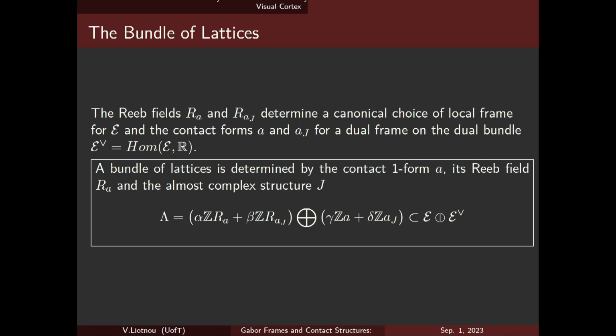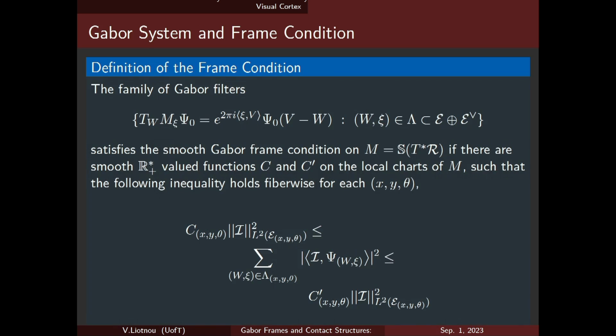So then we can use the Reeb fields to generate the part of the lattice bundle for the pullback bundle, and the contact one forms to generate the lattice bundle part for the dual of the pullback bundle. Finally, the family of Gabor filters will be generated by these translations and modulations, as in the classical theory.